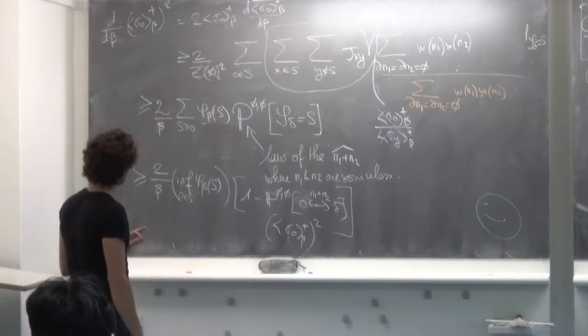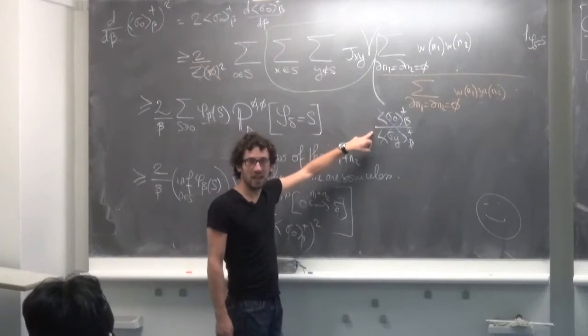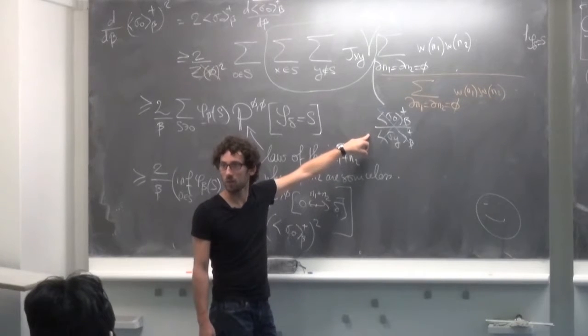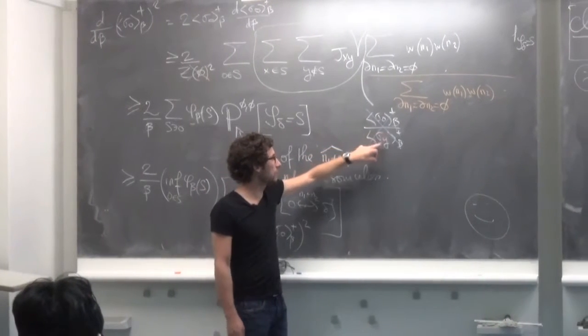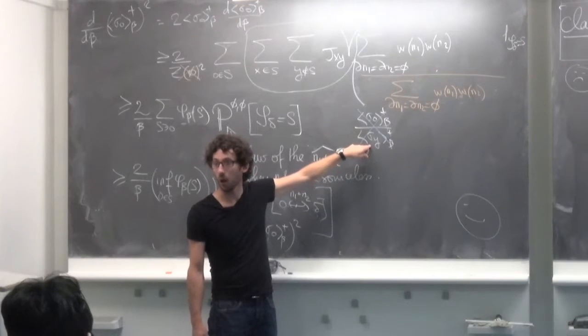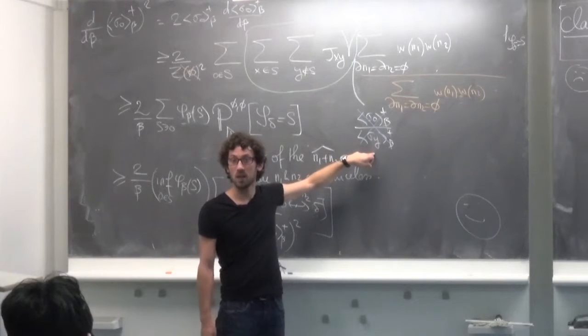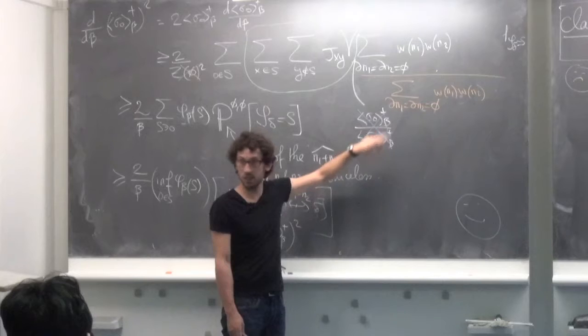I cheated in the second place, in fact, here. Because I need to work in finite volume. And then sigma 0 plus beta divided by sigma y plus beta is not 1, because there is no translational invariance in finite volume. That's why you need to introduce this C lambda, which is the infimum of these guys.